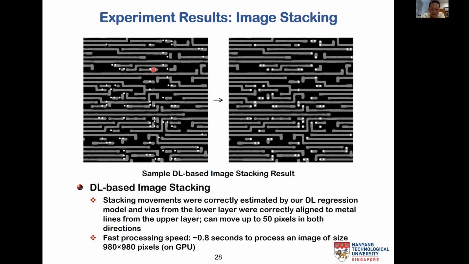If any pixel is misaligned horizontally or vertically, it will be picked up by our machine learning technique, and it will tell you that it is misaligned by vertical positive 3 pixels and horizontal minus 2 pixels. So this is the meaning of a regression model. It is very fast as well: 0.8 seconds to process an image size of 980 by 980 on GPU.